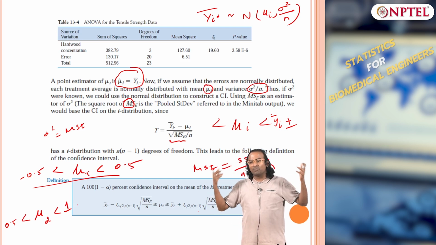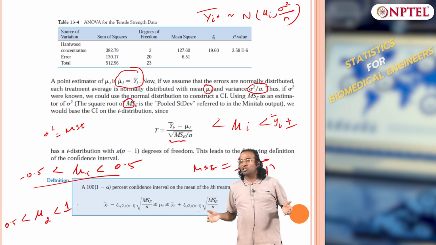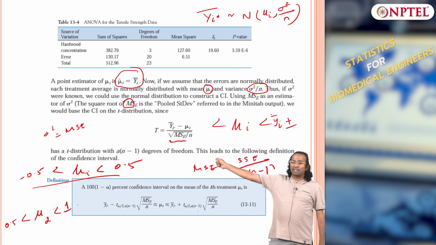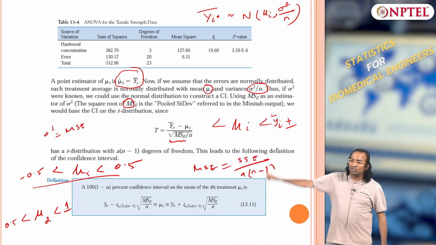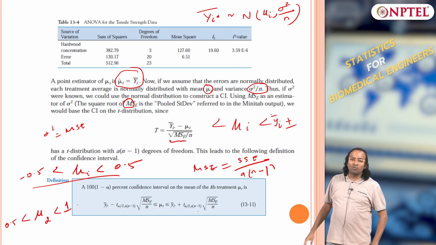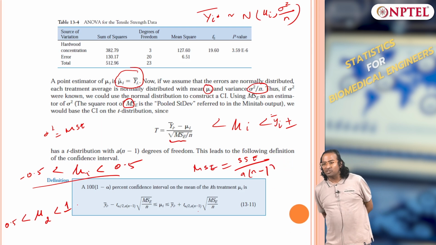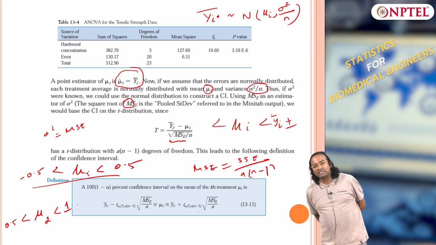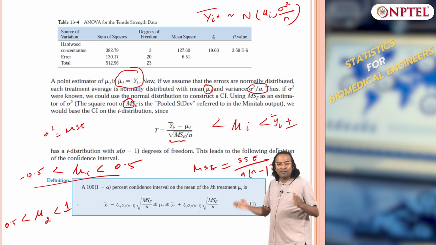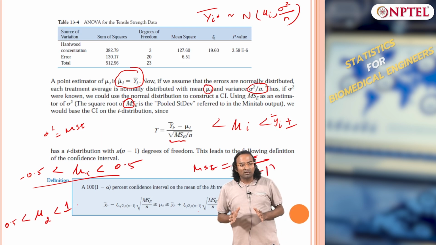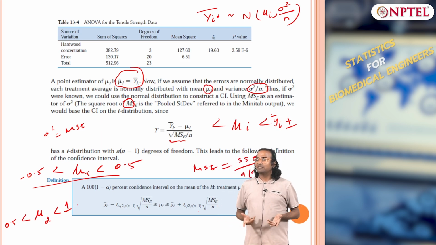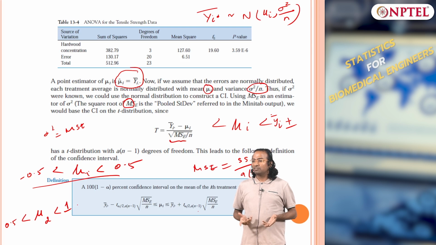So you can assume that mu1 is 0 because 0 is lying within the confidence interval, whereas in case of mu2, 0 is not within the confidence interval. So that means mu2 is the most likely candidate which is non-zero compared to mu1. Statistically mu1 is 0. Whenever a confidence interval encloses 0, that means the quantity is statistically 0, you understand.